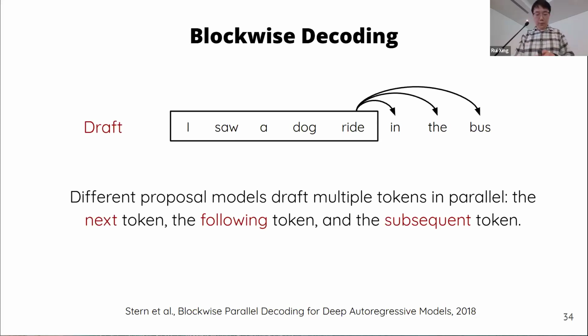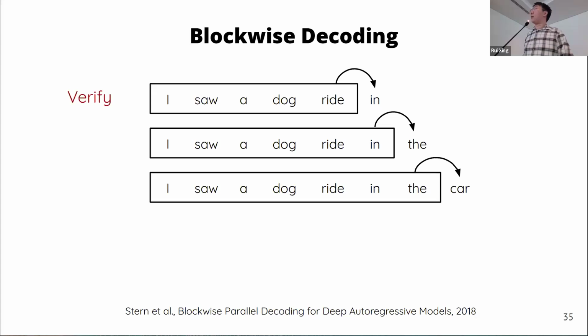Here we show the different proposal models. They predict the next and the following, subsequent tokens in parallel. Then we use the original model to verify these different tokens, and this is also executed in parallel.